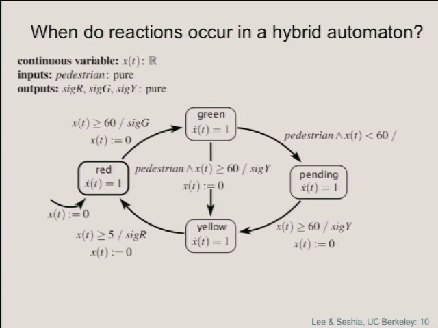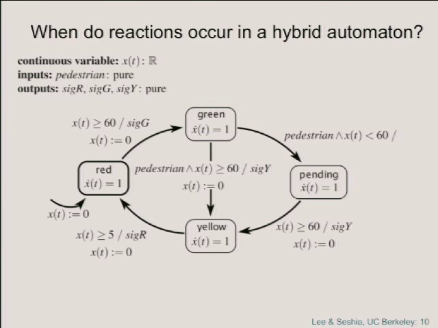Instead of saying that the time is the reals, we say that time is modeled by the reals cross natural numbers. So what this means is that instead of talking about time 1.0, we talk about time 1.0.0, and then 1.0.1, and then 1.0.2, and so on.